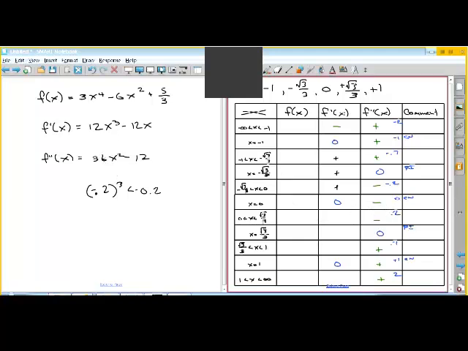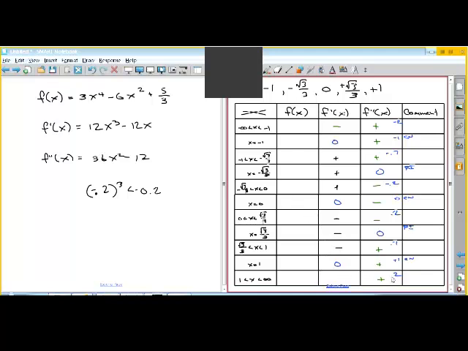And if I use positive 0.2 instead, same kind of deal. This number is going to be positive. And so I'll end up with positive times a positive, and then I'll have a positive times a negative, which is negative. So then this whole thing will be negative. And this term will be bigger than that term. So it'll be negative.